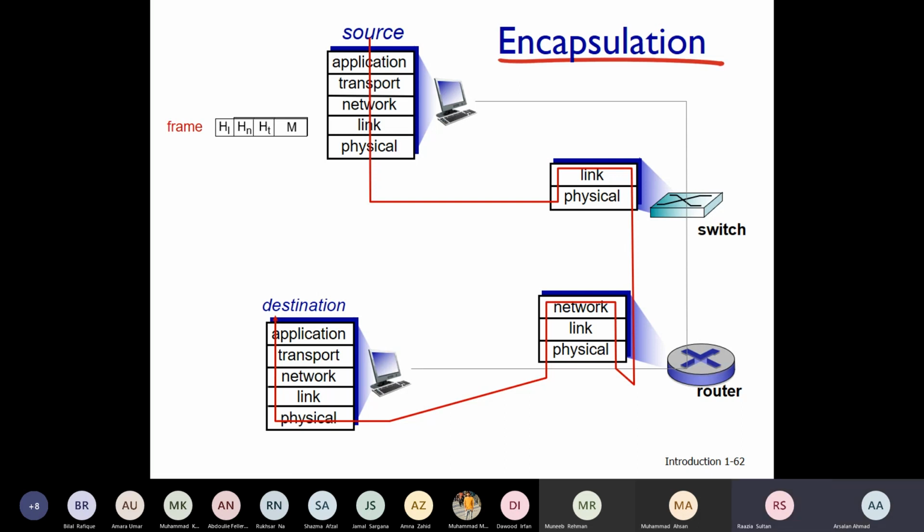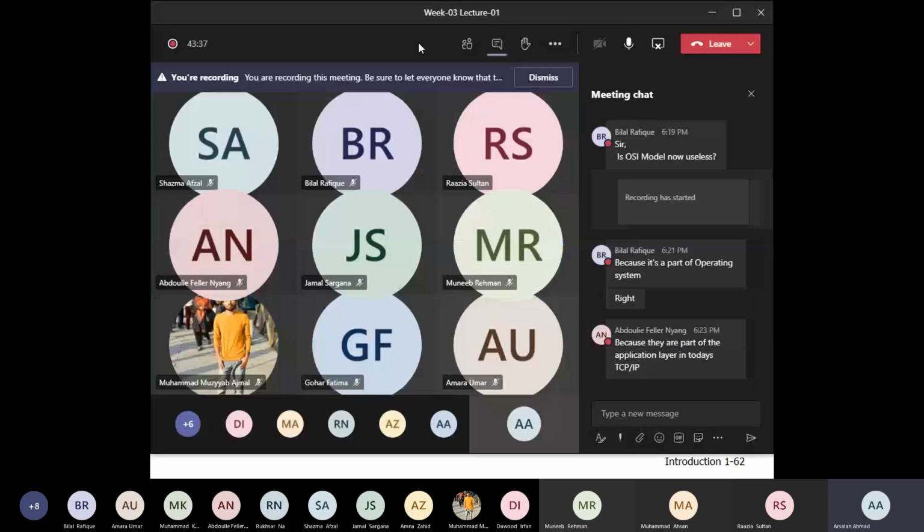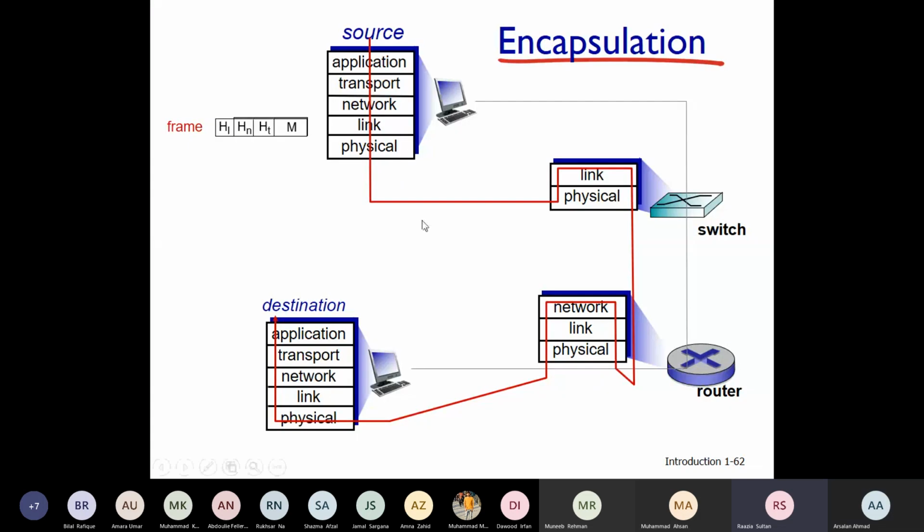Excuse me, sir. Yes, please. So the header of, for example, the network layer will keep being attached and detached until it reaches the destination. Yes, let's move forward in the slide.